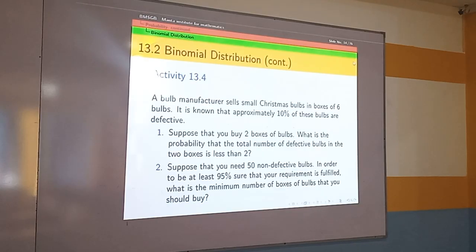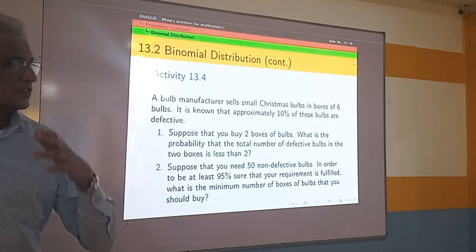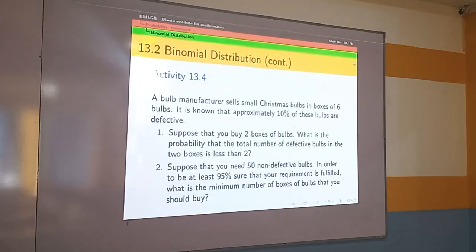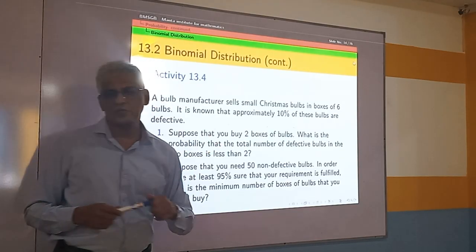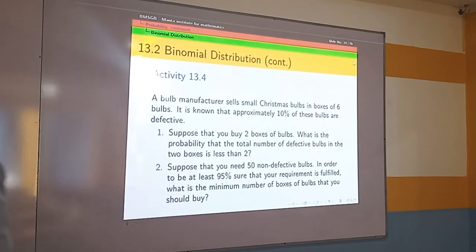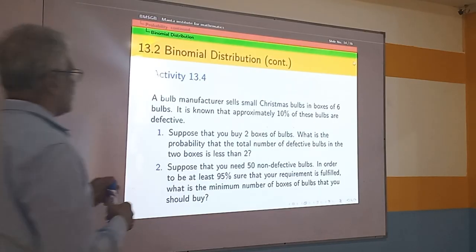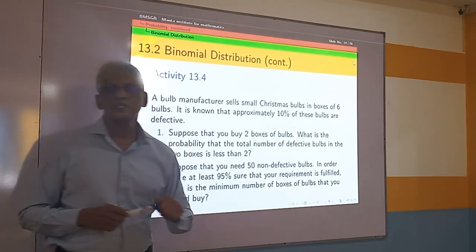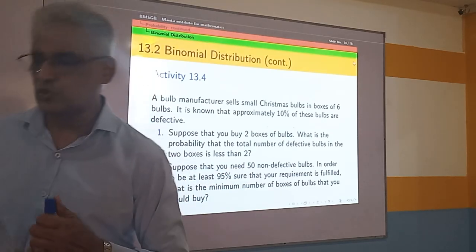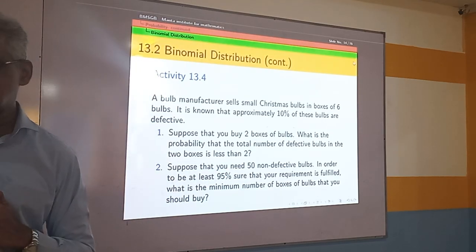So you want the probability of having at least 50 non-defective bulbs in 6 times n bulbs to be at least 95%, 0.95 probability. So you have to find out the probability of getting at least 50 good bulbs by taking different n values.